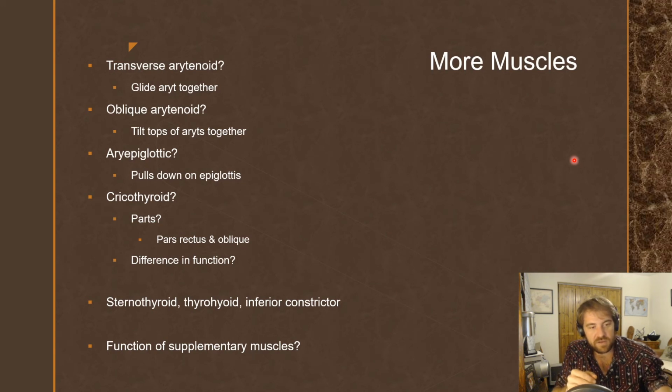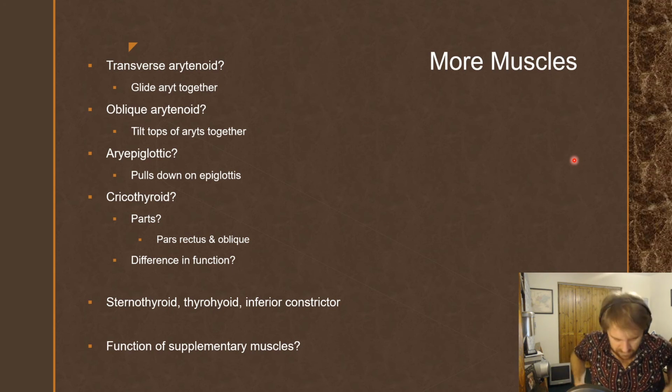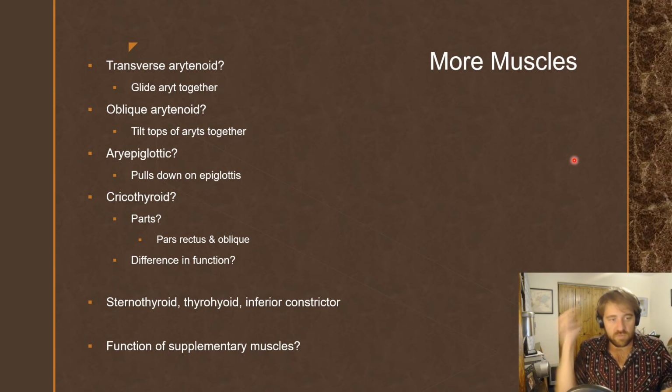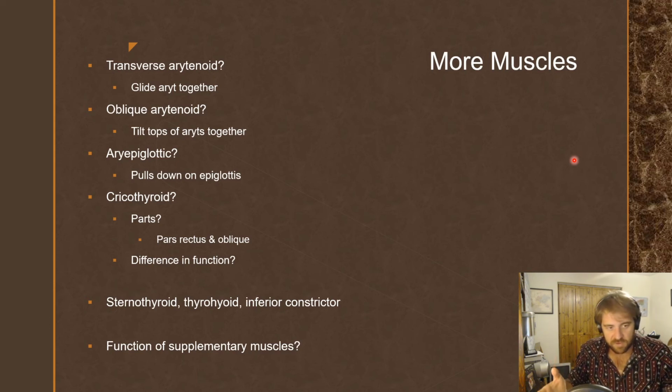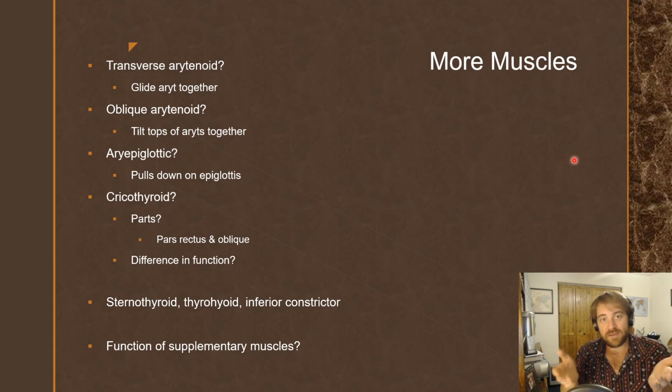Well, we know oblique is on the sides, right? We've got obliques on the sides of the abdomen. We've got oblique arytenoids, which are the sides of that crisscross one. We've got the pars oblique of the cricothyroid muscle, which is on the side of the cricothyroid joint.